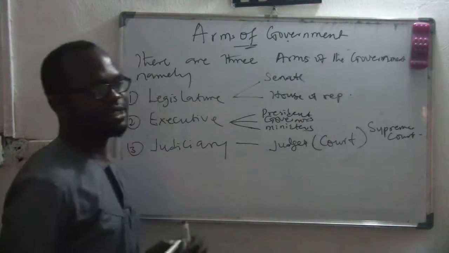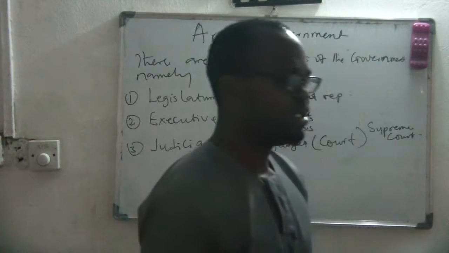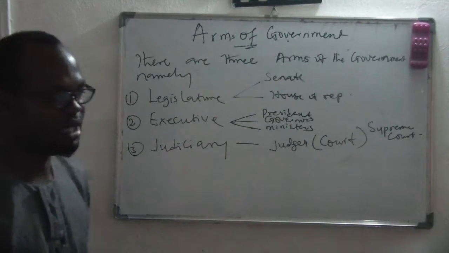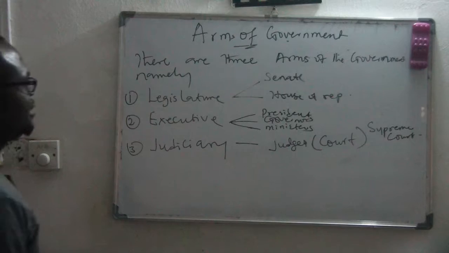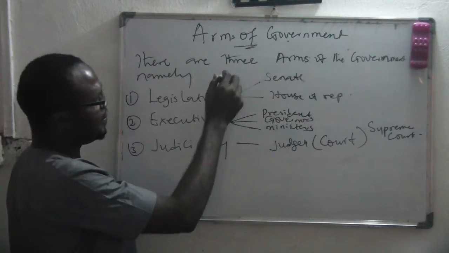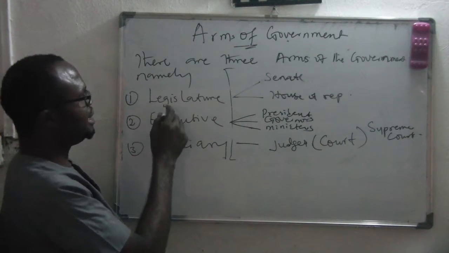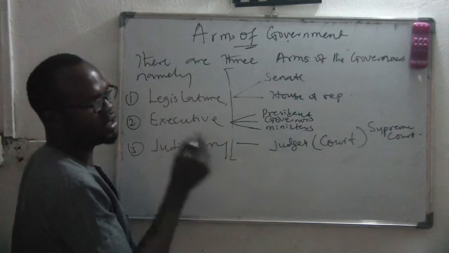You have the justices, the Chief Justice of Nigeria, the judges, the magistrate court judges, and the rest of them. So these three arms of government make up the government.